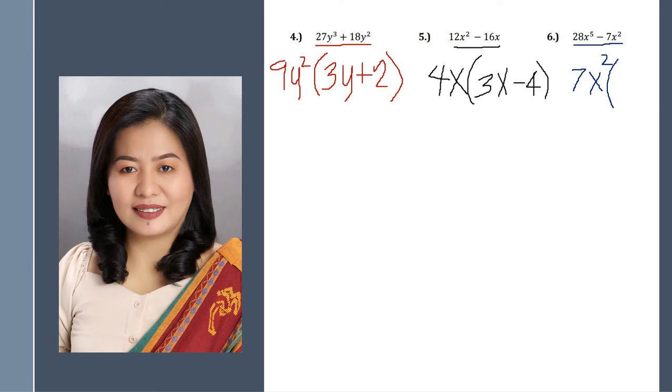So 28 divided by 7 is 4, and x to the fifth divided by x squared is x cubed, minus 7x squared divided by 7x squared, that would be 1. So the factor of 28x to the fifth minus 7x squared would be 7x squared times the quantity 4x cubed minus 1.